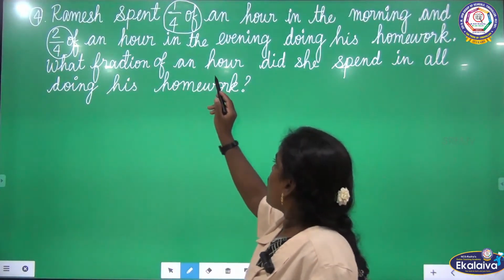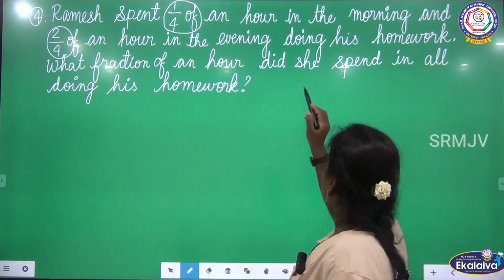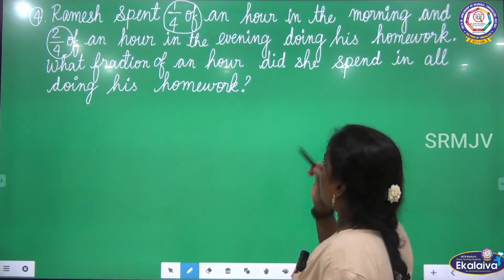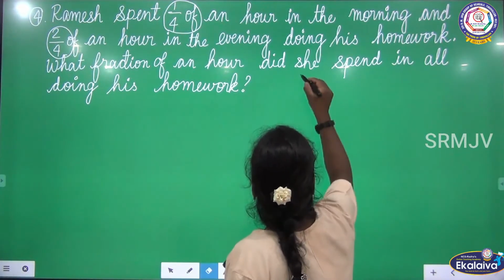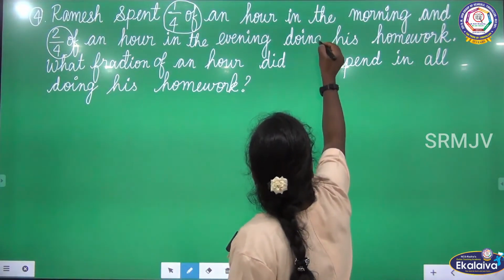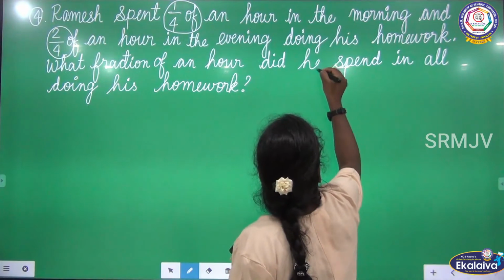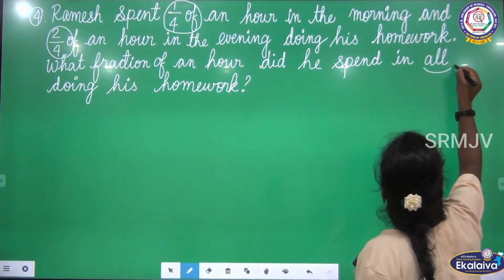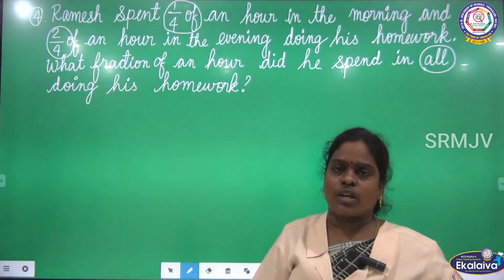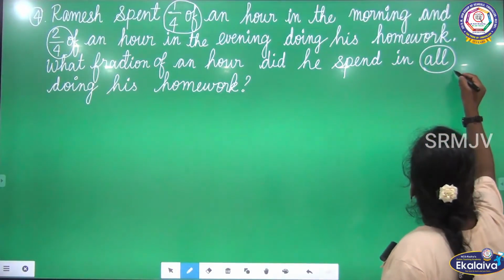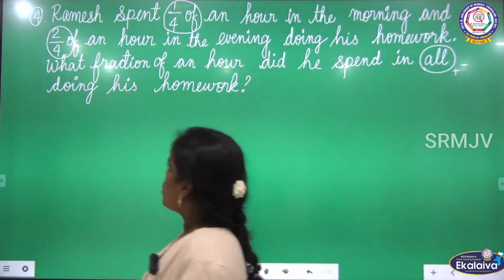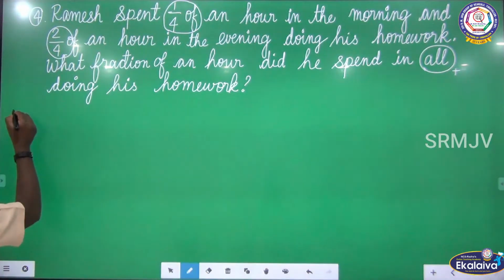What fraction of an hour did he spend in all doing his homework? In all. Look at the word all, children. It is a clue word of addition. So if all is given, you need to add the given fractions. So let us write the solution.